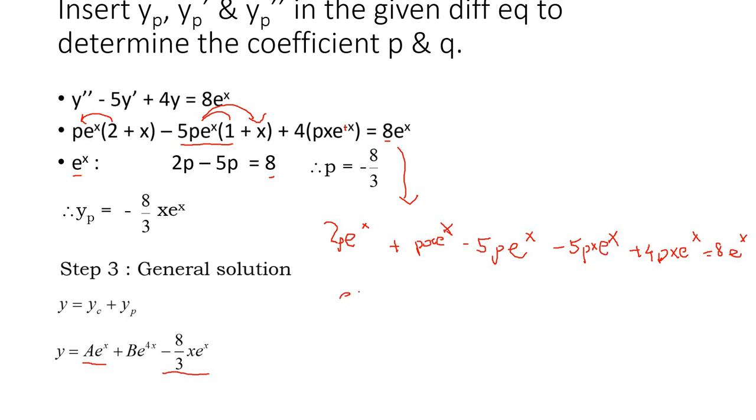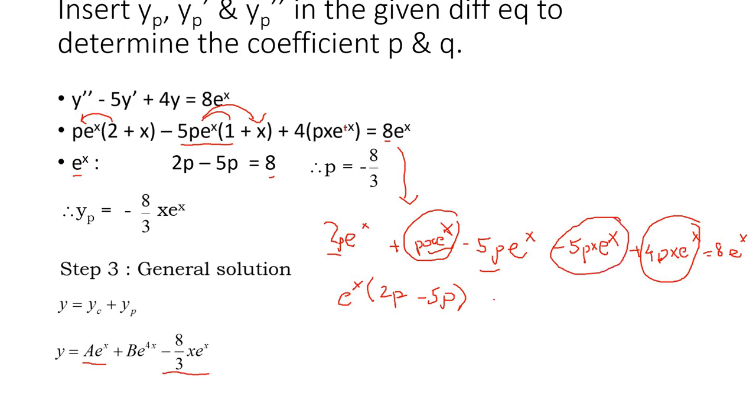Then the x exponent x terms: px exponent x plus 4px exponent x minus 5px exponent x gives 0, so you only have 8 exponent x left. Then you cancel exponent x on the left and right side, so you get 2p minus 5p equal to 8.